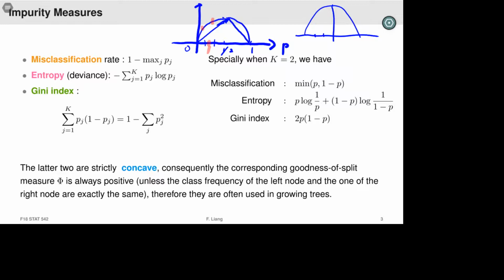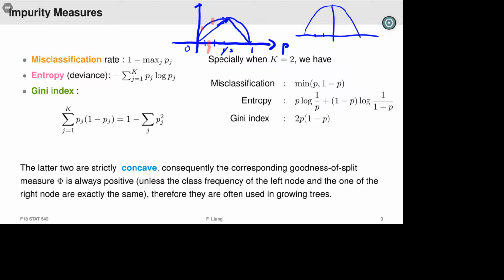Otherwise, at a certain point the misclassification rate would show no improvement from any split, but entropy and Gini can always find a way to keep growing your tree. So you can always grow your tree using entropy or Gini, but when you start pruning your tree, it's okay to use misclassification rate.